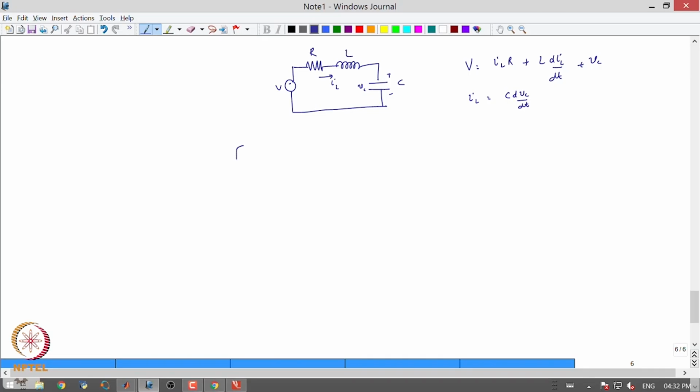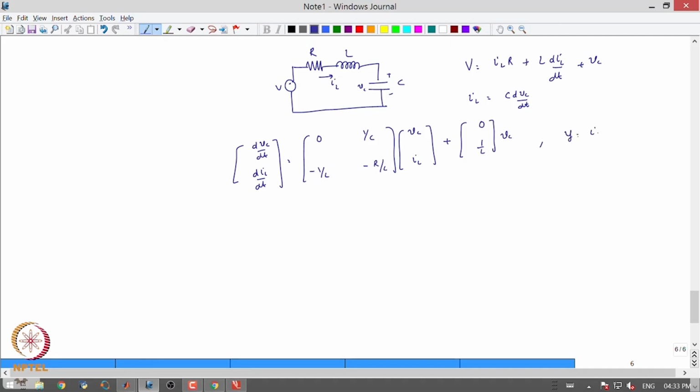I can write an equivalent state space form in the following way: d/dt of Vc and IL is the matrix [0, 1/C; -1/L, -R/L] times Vc and IL, plus [0; 1/L] times V, and let us say that the output is just IL.